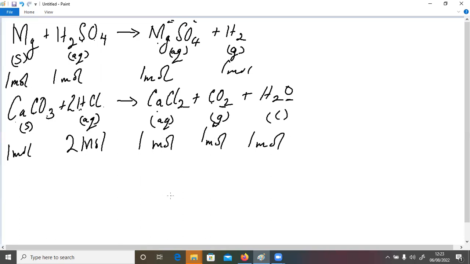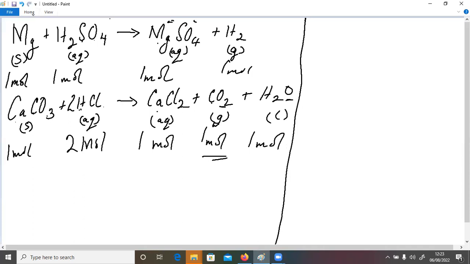Suppose 88 grams of carbon dioxide was given out. What's the mass of calcium carbonate powder that was used? Suppose here we got 88 grams of carbon dioxide gas.